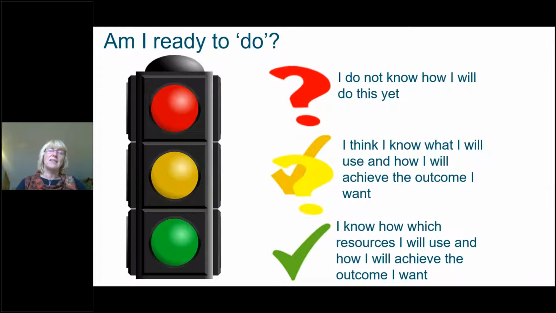Children doing that self-assessment, so they're recognising they might not know what to do yet, as teachers, we can recognise those that might need help because of that, those that think they know what to do, that are ready to have a go, and as teachers, just keeping our eye on those, and then those that are confident, those that know how to use the resources, how to achieve the outcome they want, so that we are ready to be able to challenge them further.